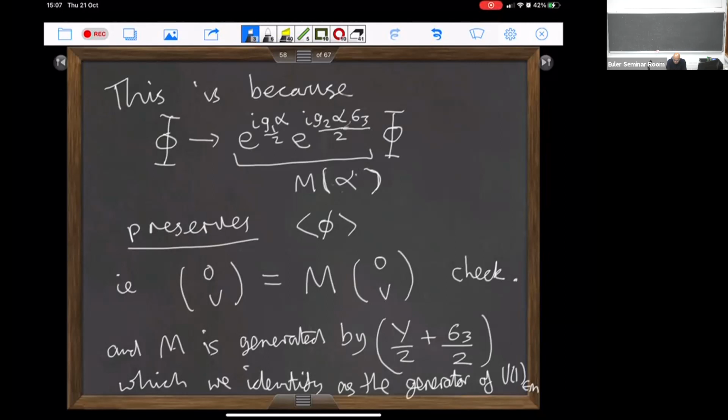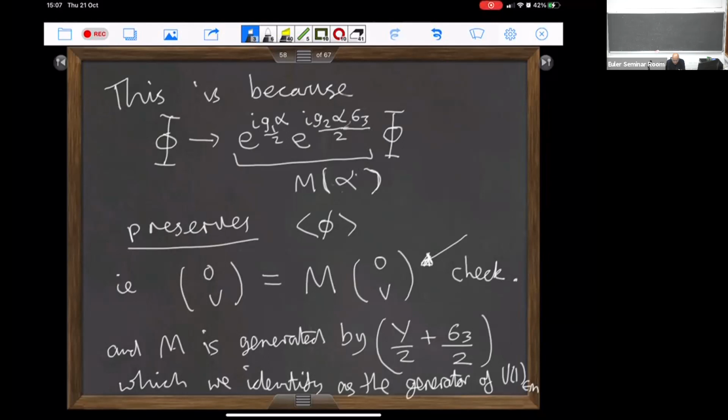Now you can check that that matrix leaves invariant the vacuum expectation value. It preserves the phi 0 direction of the SU2 doublet.